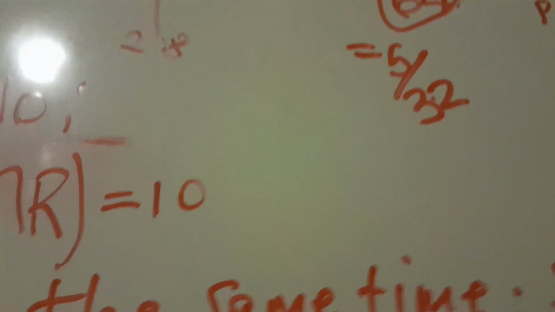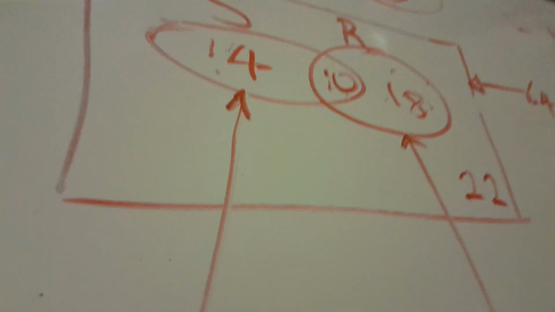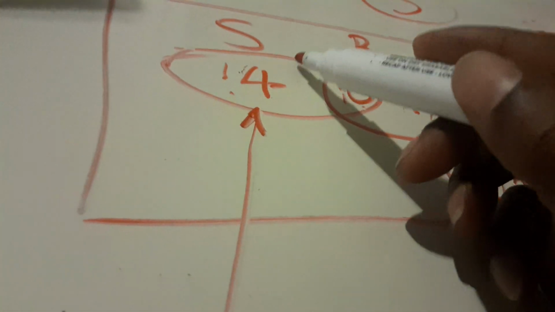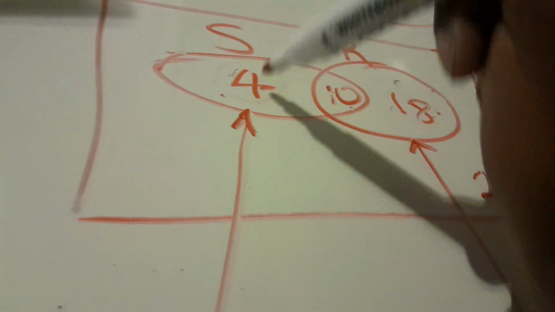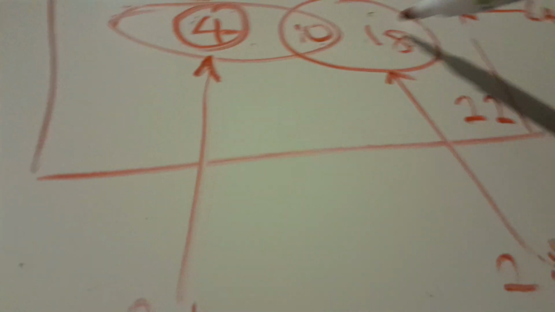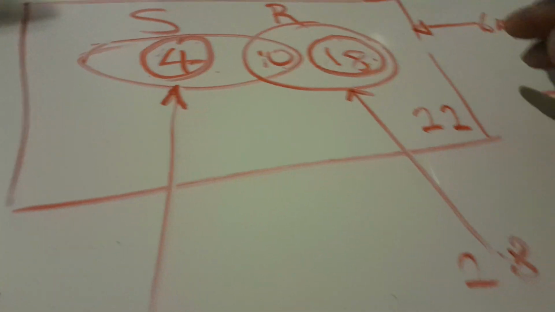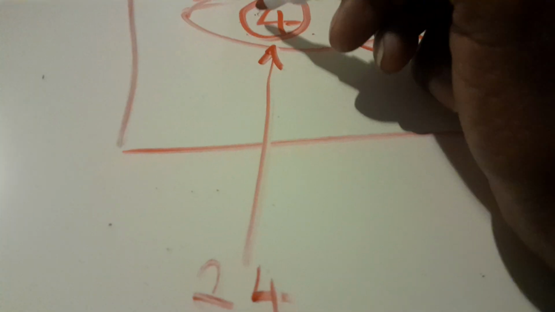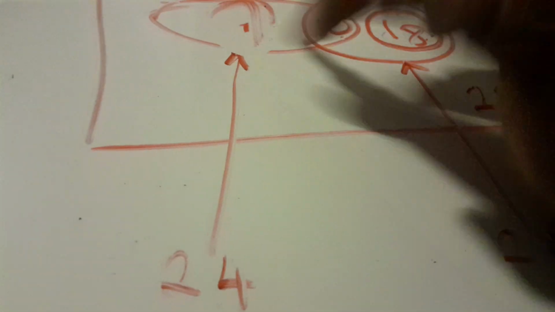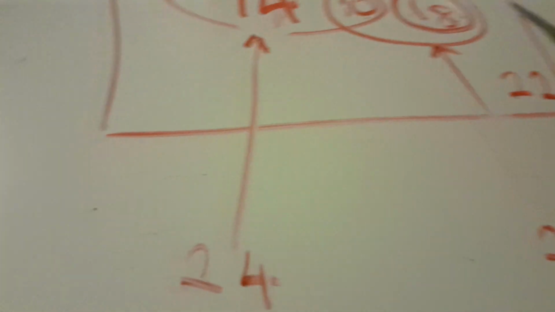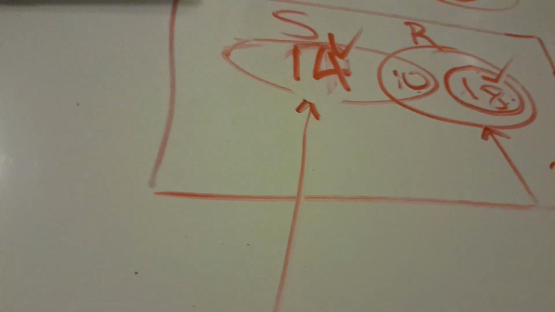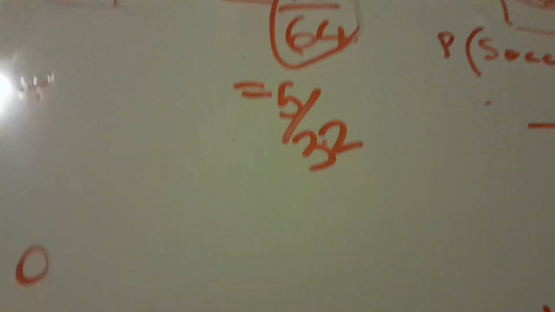So, meaning that the number in that event is going to be the 14 plus the 18. So it's 14, this 14 here, plus the 18, giving you 14 plus 18 gives me 32.